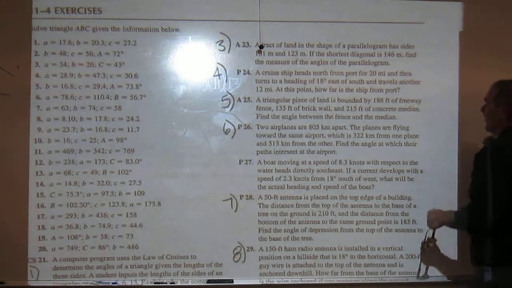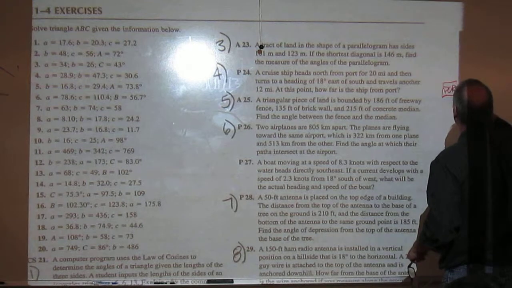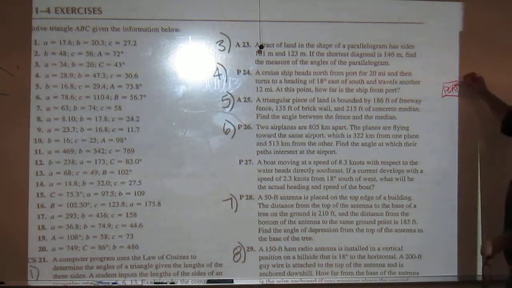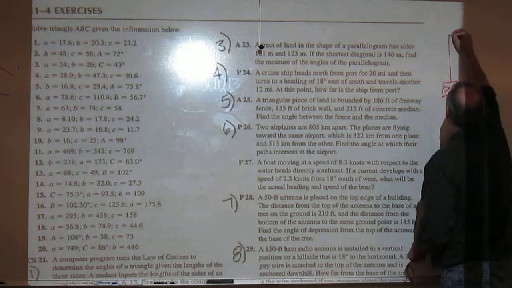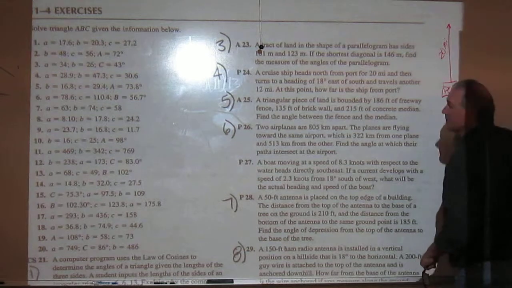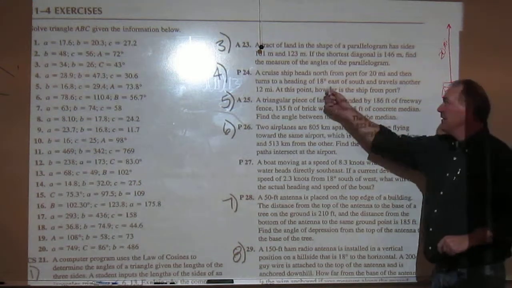Okay, so what we know right now, we're going to say here is port. Heads north, so they're coming this way, and that is going to be 20 miles. Now at this point, the ship turns to a heading of 18 degrees east of south.